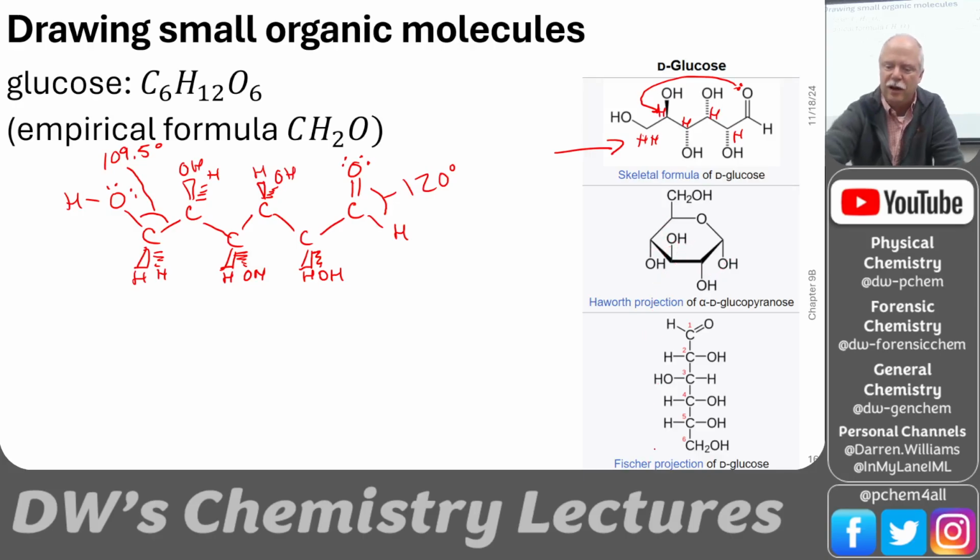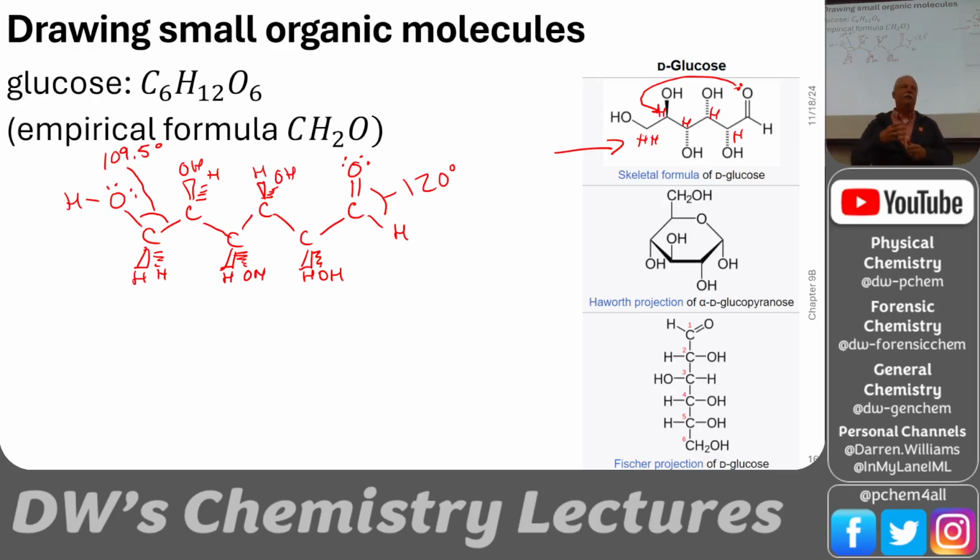That pattern of the OHs going down and up is really important for our body and the way we can utilize these different kinds of sugars. Sugars, starches, and cellulose are the same base structure, and whether the OHs are on the right or the left can change this molecule from a sugar, one that you can use for energy, to something you can't use for energy, like a cellulosic material or fiber.